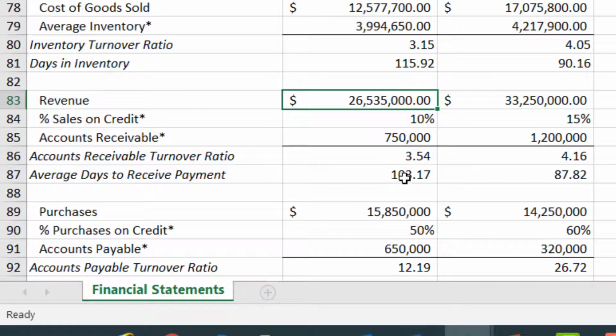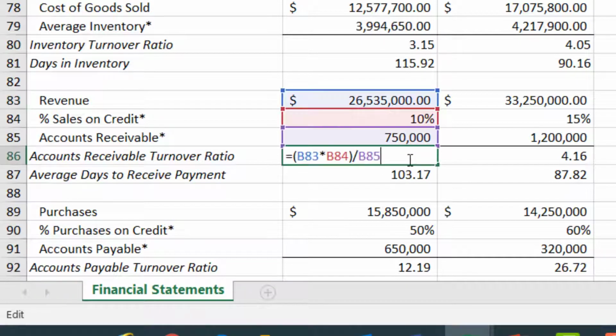But this is the operation of the ratio right here. It's going to be simply this first calculation is my revenue multiplied by the percent of sales that I'm just assuming that I made on credit, because I don't actually know in this case. You would really need to know if it were your own business. So I get that 10% of my sales were on credit, 2.6 million, something on that order.